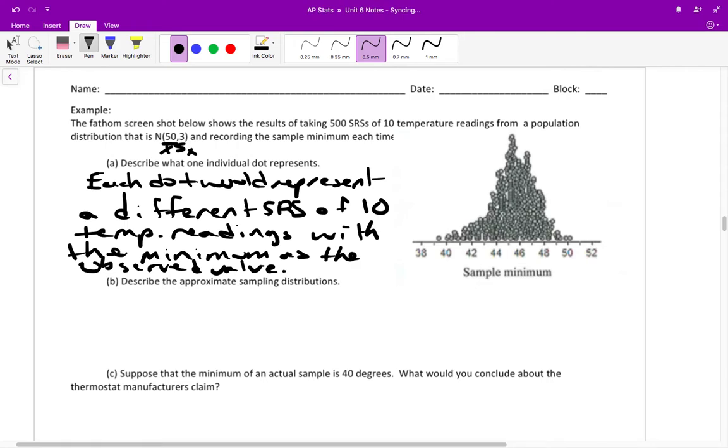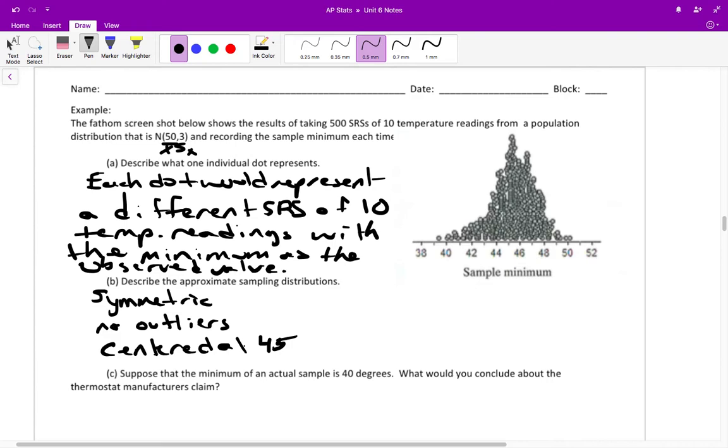Okay, so in part B, that's just to describe it. For shape, I would say that this is fairly symmetric, which, being an approximately normal distribution, is what you would come to expect. For outliers, there really aren't any outliers here. For center, it looks like it's centered about 45, give or take.